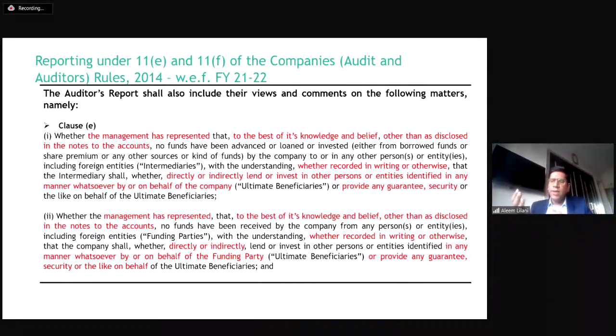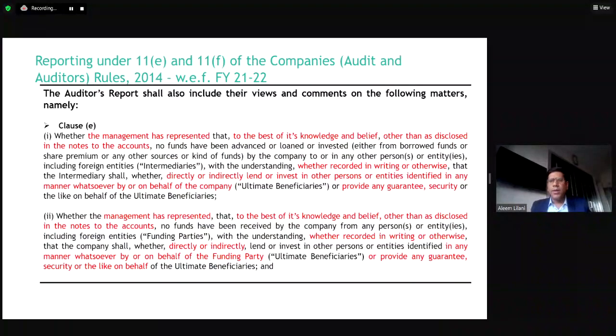That manner of giving can be advance, or it can be loan, it can be investment, it can be a guarantee, okay, and it also can be a security. So for example, let's say I have a subsidiary where I have no limit of investment, so I advance funds to my subsidiary, it gives it to somebody else, but that is for my benefit. So the MCA is trying to capture those kinds of cases here.